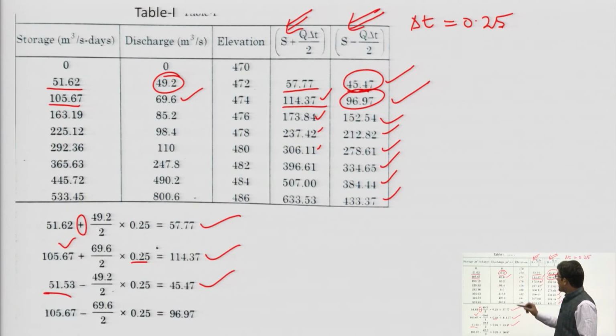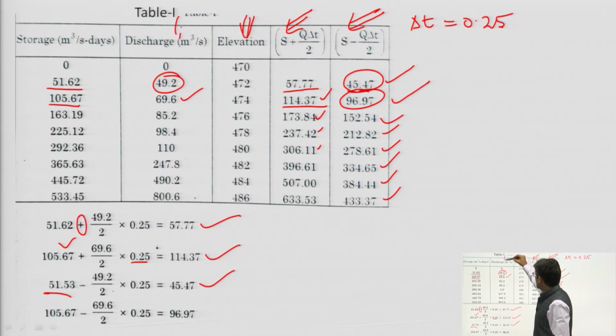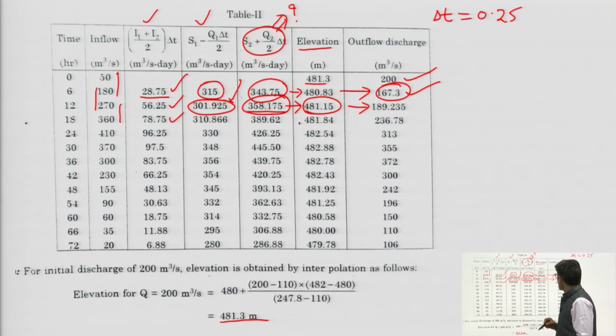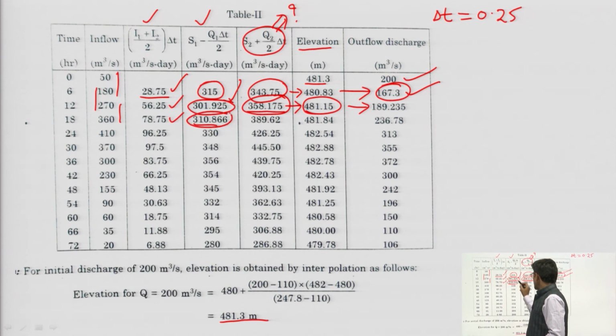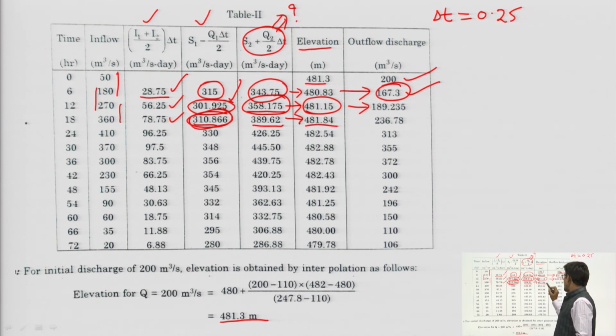Once we get this elevation, then the corresponding discharge can be calculated from this one and this one by linearly interpolating. Then in the next step we will calculate this one, then this data will be the summation of this one plus this one, and from this data we will calculate the elevation, and from table 1 we will calculate this one again.